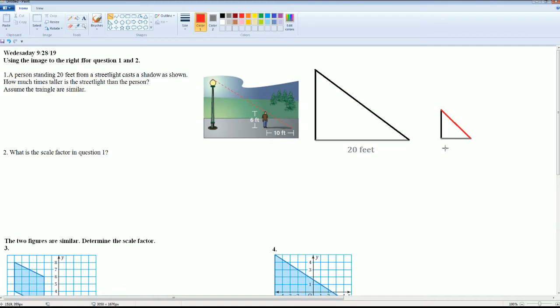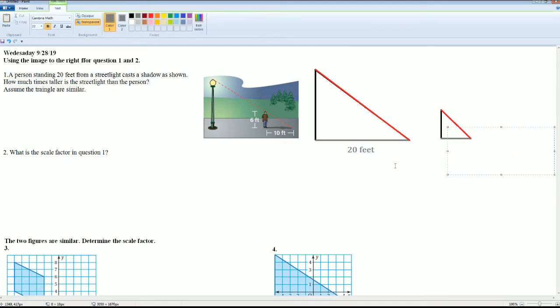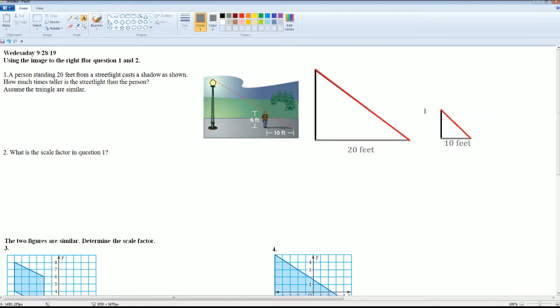Good. Let me remake this one red. All right. And we know that the shadow cast by the person is 10 feet. And the height of the person is 6 feet.